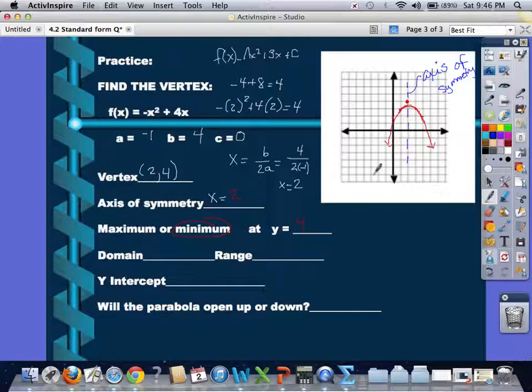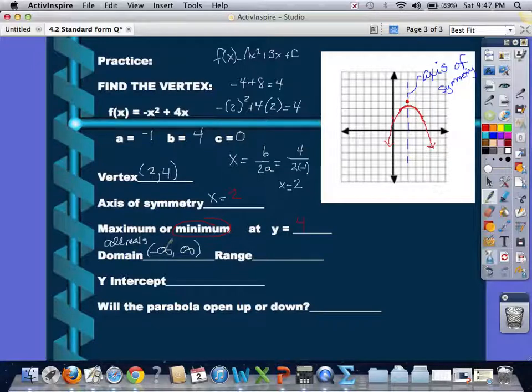Now, for any parabola, we've talked about this before, the domain will always be all reals. So let's put all reals. But often they'll have it written like this. So we need to make sure we know that it goes from negative infinity to positive infinity.